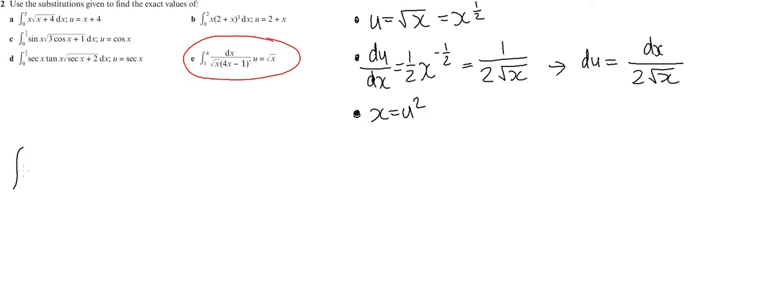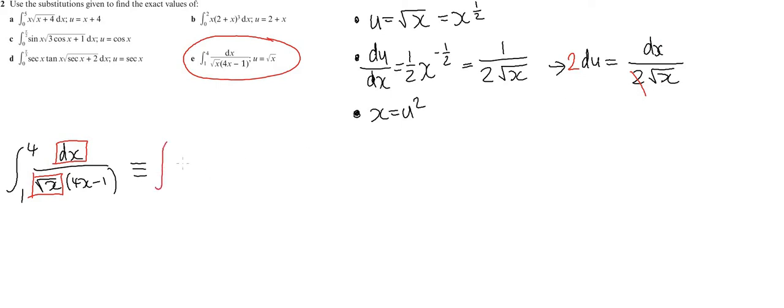Let's go back to our original integral, which was from 4 to 1 dx over the square root of x times 4x minus 1. Let's have a look. So I've got du is dx over 2 lots the square root of x. And I've got dx over the square root of x. Well, that's a whole, not a half. So that means that 2 du is equal to dx over the square root of x.